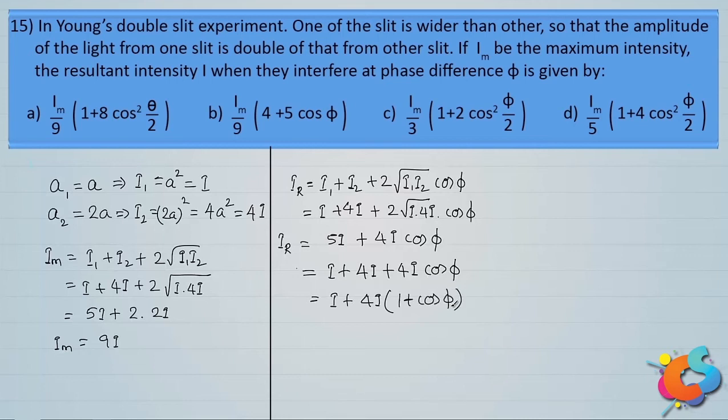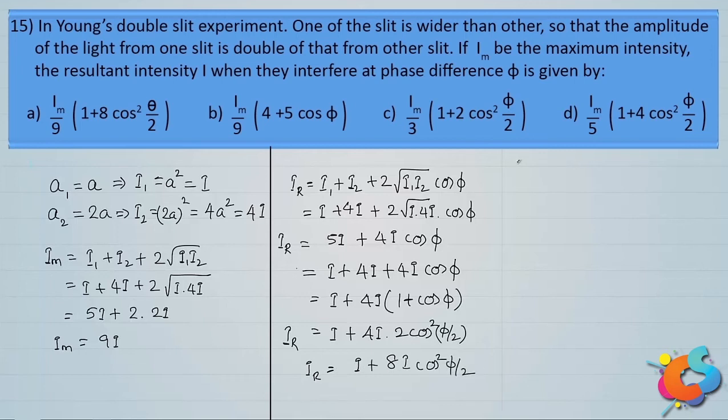In this term of 1 plus cos phi, you have 2 cos square phi by 2, so you can find that cos square term. So IR is equal to I plus 8I cos square phi by 2.